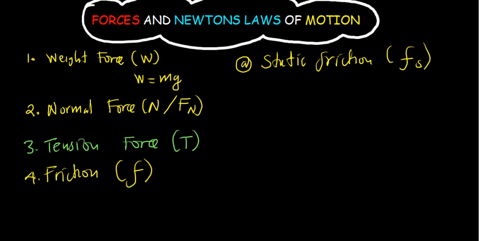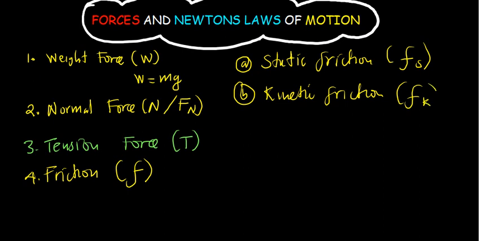And then the second one we have is kinetic friction, which will be small f with a k there. So static friction is friction that prevents motion.